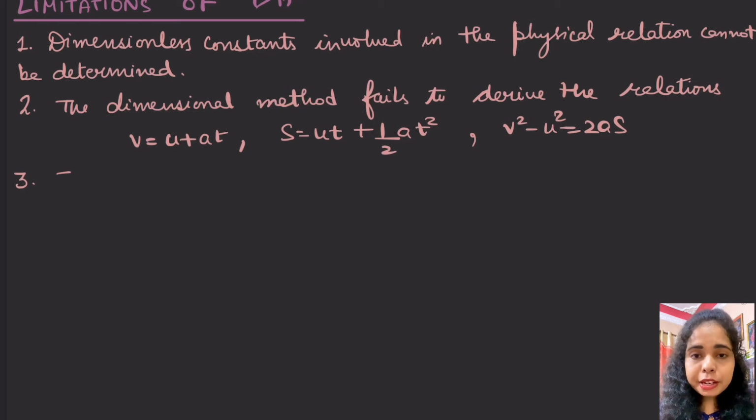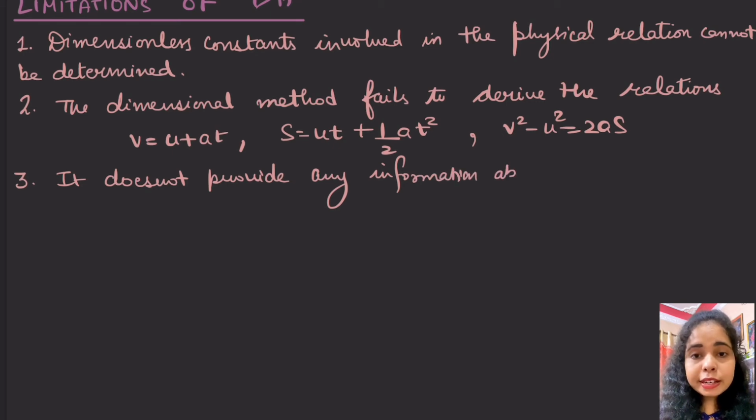The next limitation of dimensional analysis is that it fails to give information about any trigonometric function, logarithmic function, or exponential function involved in a physical relation. Also, it fails to determine the complex numbers in the physical relation.